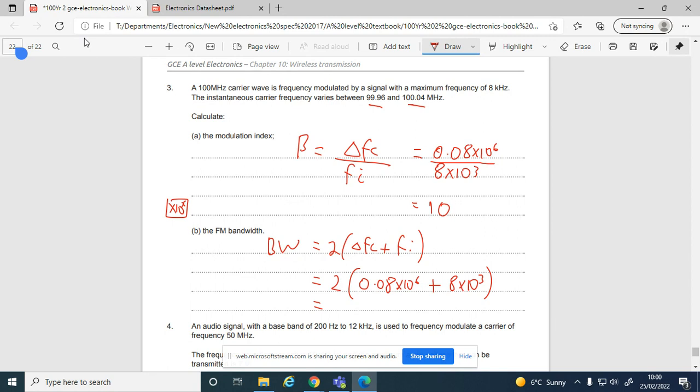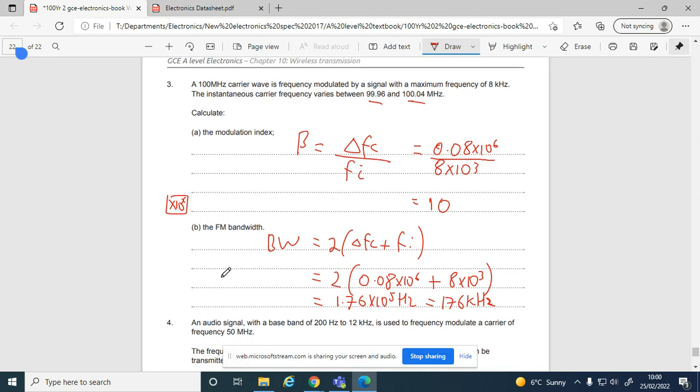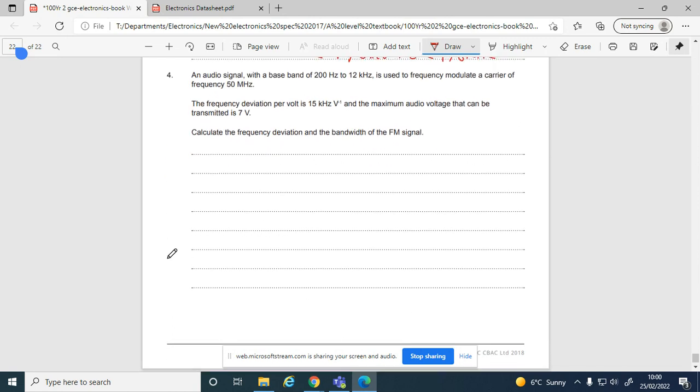You have to use that button, otherwise it will not work properly. So I get 176 kilohertz, or your calculator will put it as 1.76 times 10 to the 5 hertz, which is the same as 176 kilohertz. You've got an engineering button on the normal Casios. The graphical ones don't. However, if you've got a graphical calculator, you'll be good enough to convert between kilo and mega anyway, because that tells me you're doing maths A level.